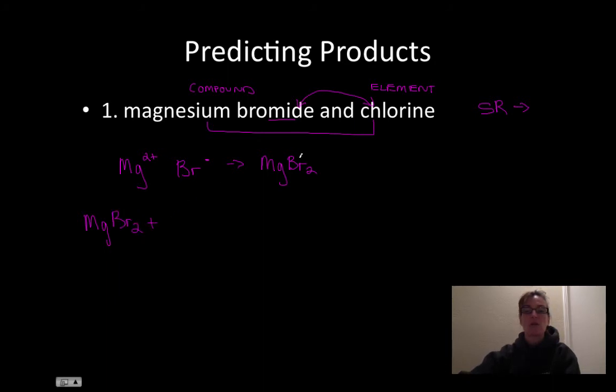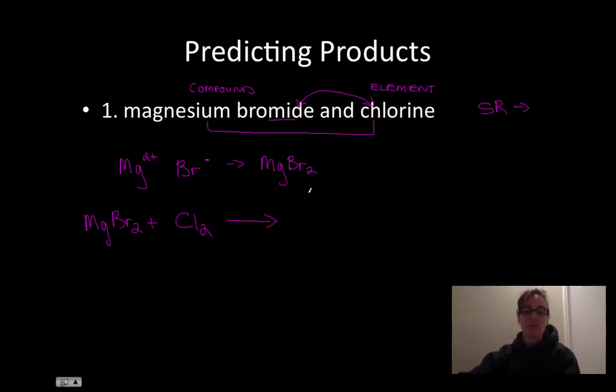plus chlorine. Chlorine is an element. And I can't write it like this because I know that chlorine will always bond with itself once. It's a Brinclhof element, so it's going to be Cl2. Now I am predicting that this will be a single replacement reaction, so I need to form a new compound.